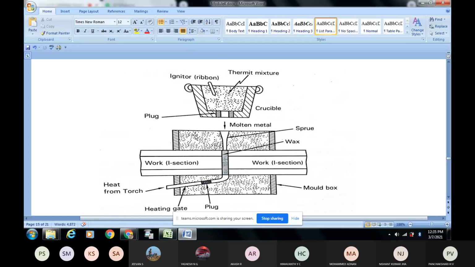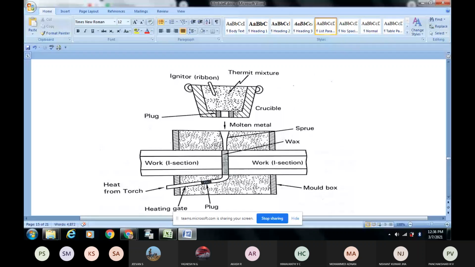So now we have taken a crucible. Inside the crucible, the chemical mixture is filled. What is that chemical mixture? We call it the thermit mixture. What is the composition of the thermit mixture? I will tell you.